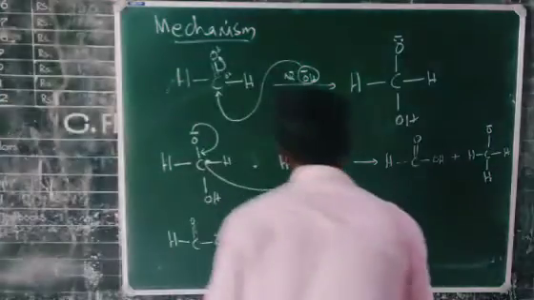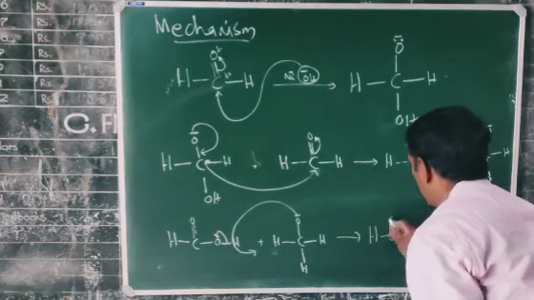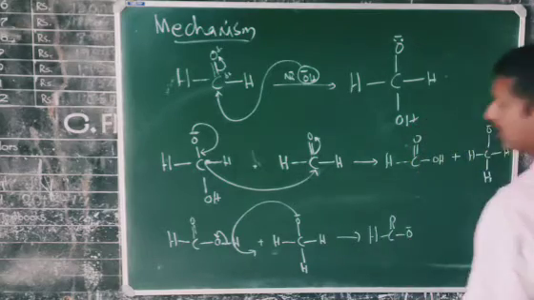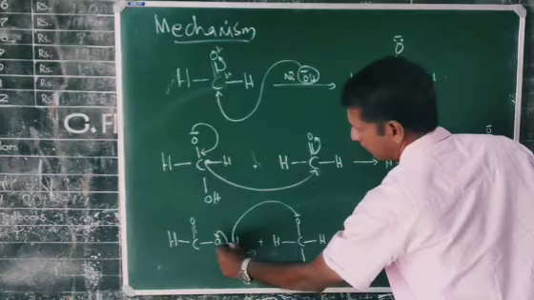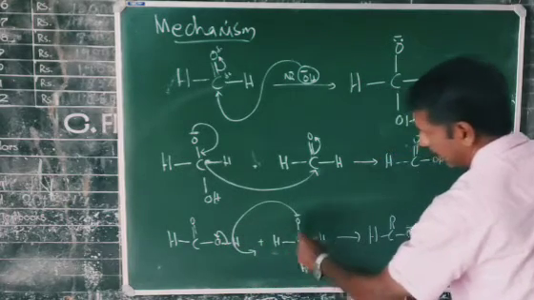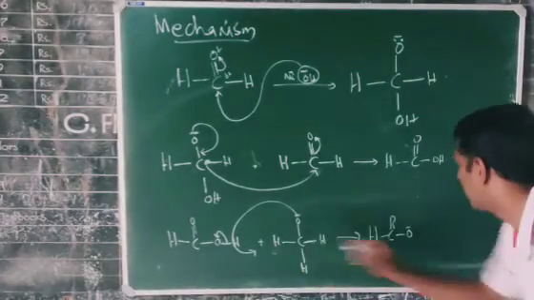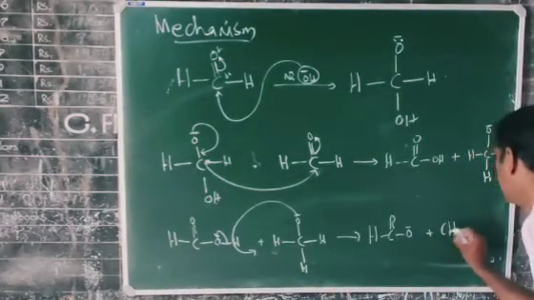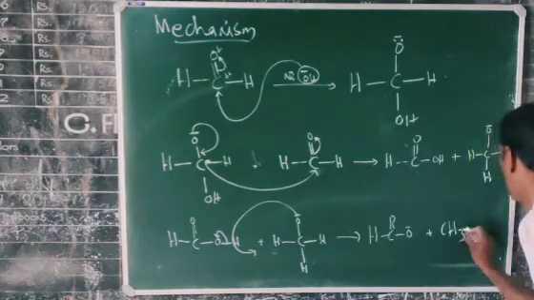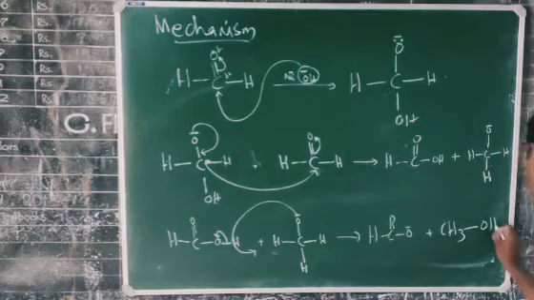So what we get is H, C double bond O minus, HCO minus, and this H plus is moving to oxygen, so we get CH3, and O, and since this hydrogen is coming to oxygen, this will become OH.